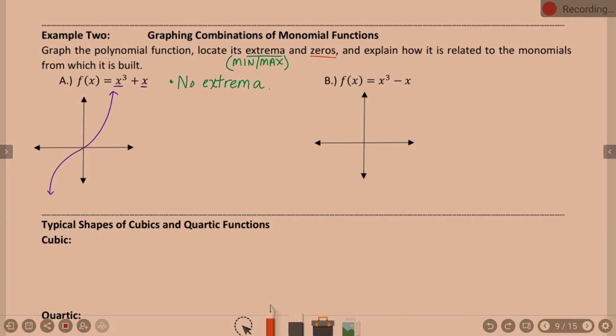The next part we're asked to identify are zeros. Another good vocabulary word. I think you might have a better idea of this one. What are zeros? What is a zero on a graph? Somewhere where the graph touches an axis.